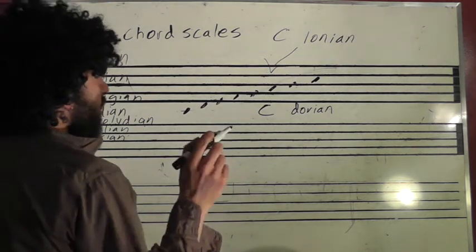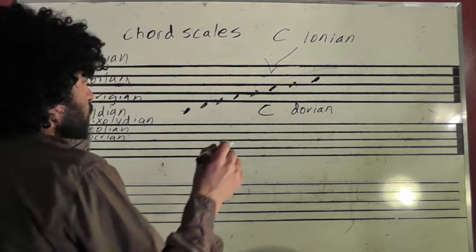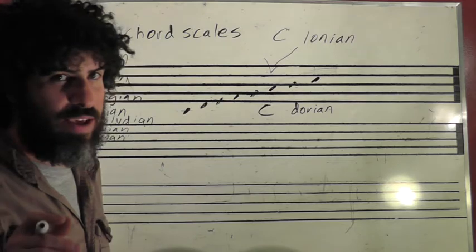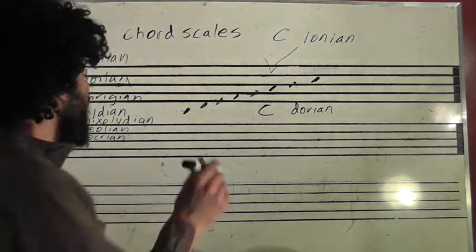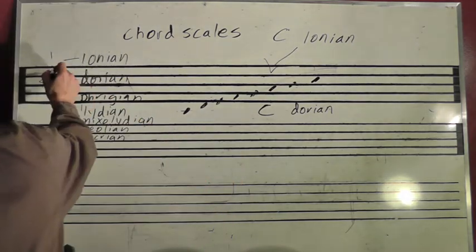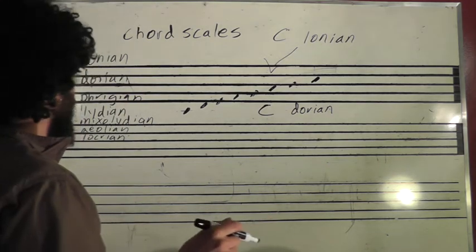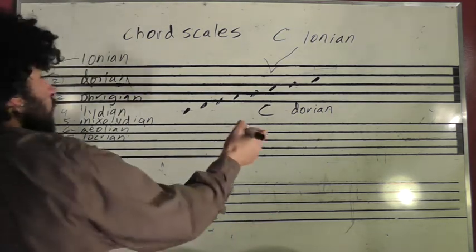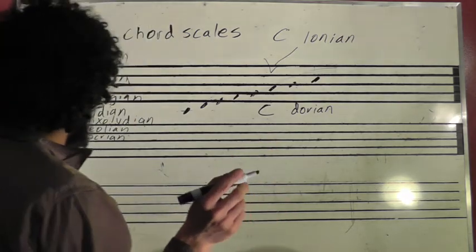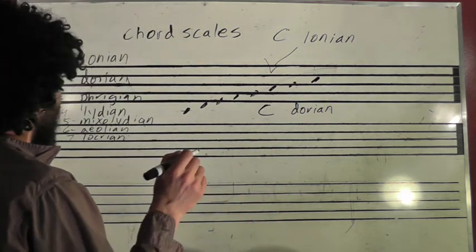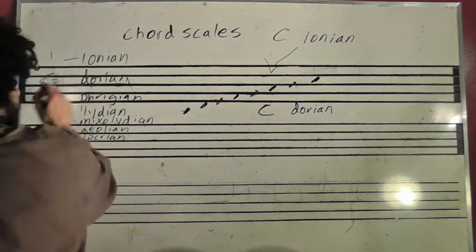And you have to ask yourself this question: which major scale has a C in it on the second degree? So take a second, think about it. Which major scale has a C as the second degree?